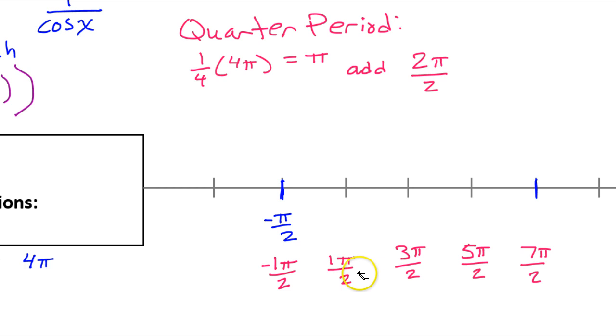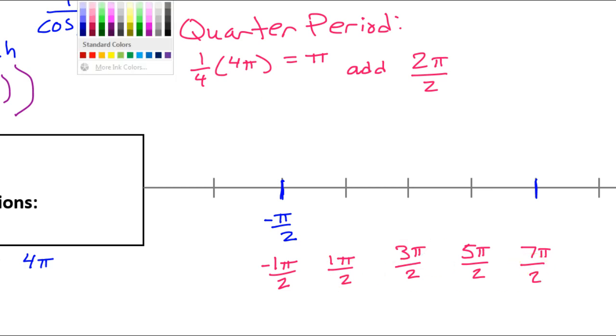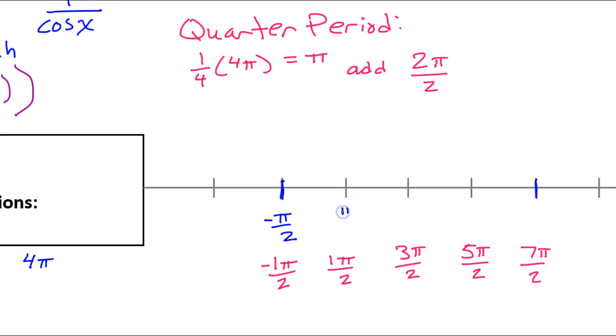But turns out none of these needed to be reduced. Okay, so I feel silly, but it was still worth it because sometimes it's useful. But in this particular case, I'm just going to recopy them. So I got pi over 2, 3 pi over 2, 5 pi over 2, and 7 pi over 2.